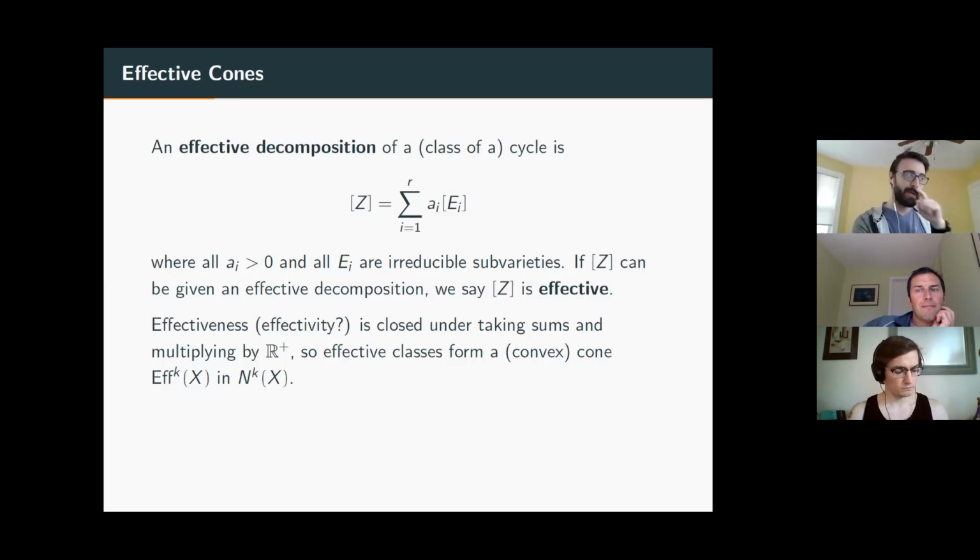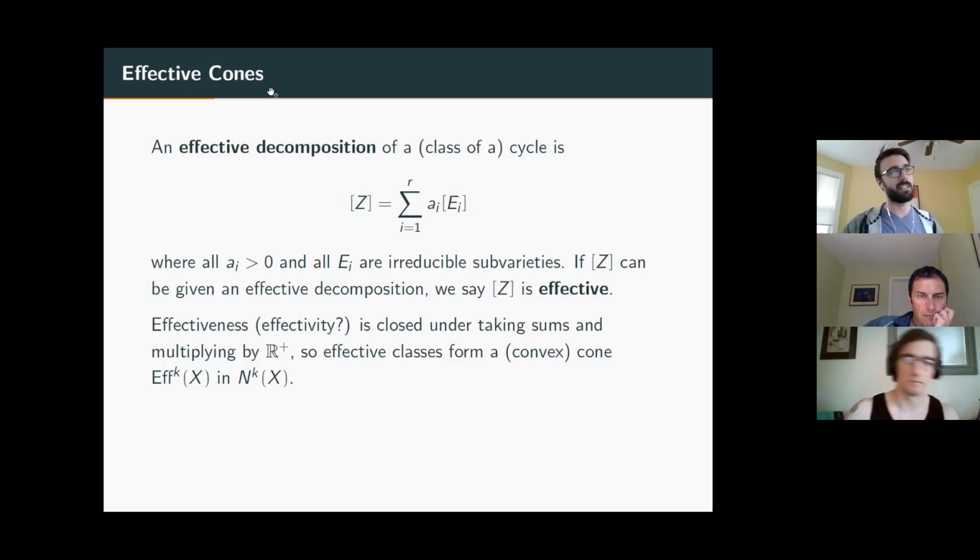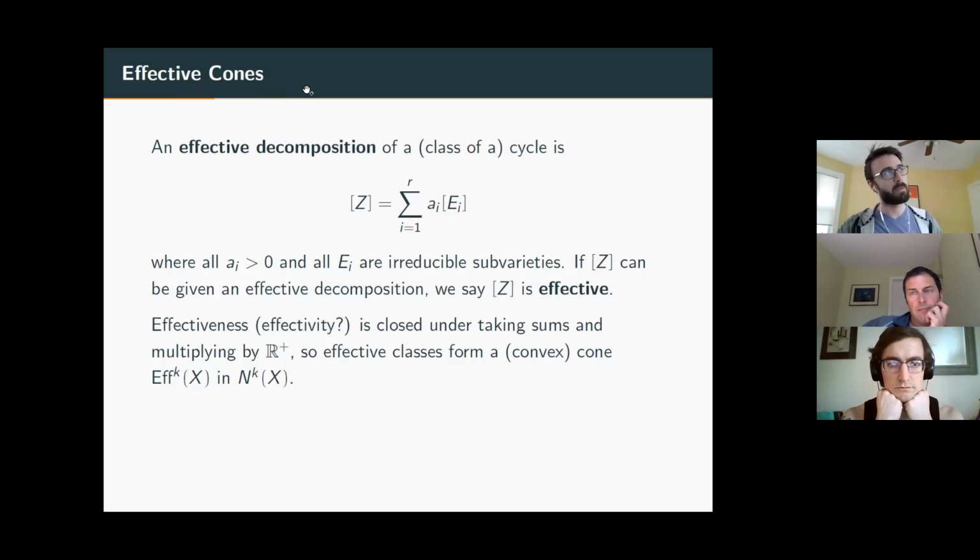An annoying thing that you're going to see in the talk is that the title of this slide says effective cones, which is not right. It should be cones of effective classes, but everyone calls them effective cones, and so we're going to do that too. The adjective effective just goes wherever it wants. But anyway, it's a cone of effective classes.